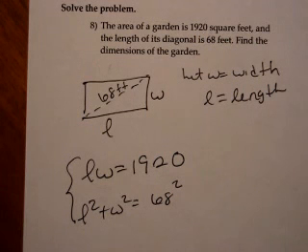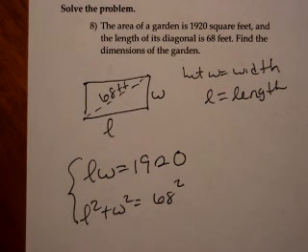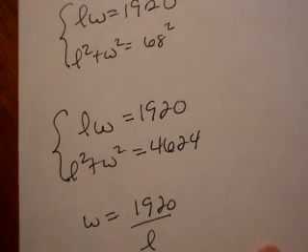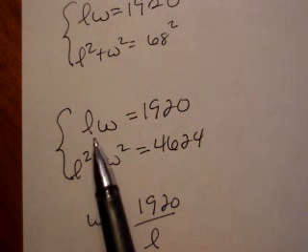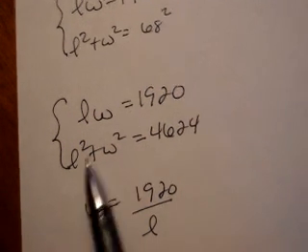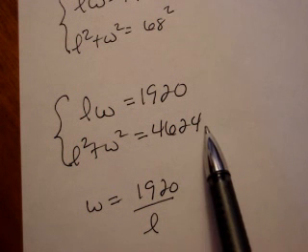Okay, now let's solve this thing. So what I'm going to do is I'm going to pause for a moment while I deal with all the giant numbers. Okay, now I have gotten out my calculator, and I see that my system of equations would be L times W equals 1,920, and L squared plus W squared equals 4,624.